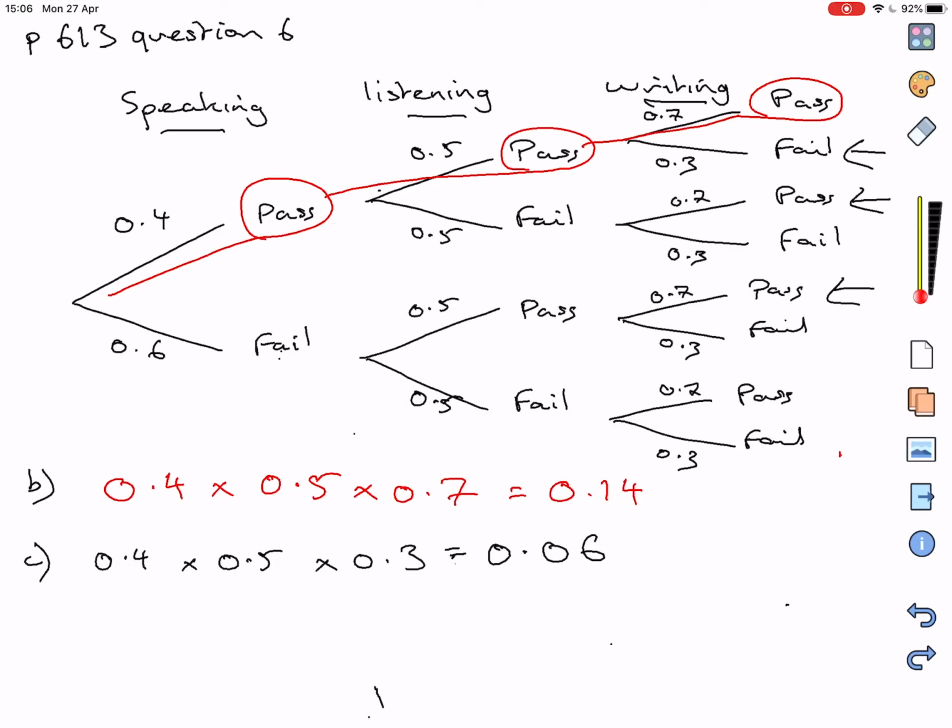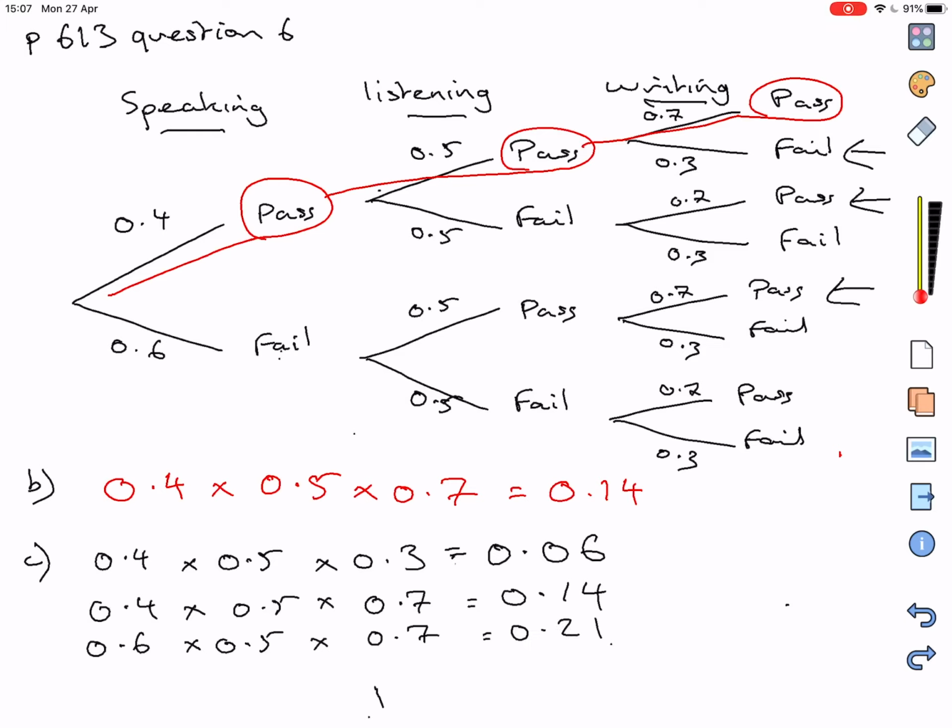The next one would be he could pass speaking and then he could fail listening but then pass the writing, and that is going to be, I'm not trusting myself at the moment, so 0.4 times 0.5 times 0.7, which is 0.14. Or the third option is he could fail the speaking but pass the listening and pass the writing, and so that would be 0.6 times 0.5 times 0.7, which would be 0.21.